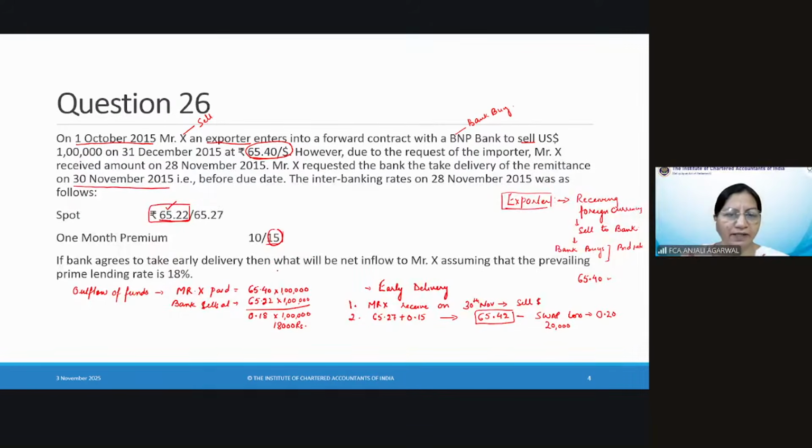On this, bank can charge interest. What rate? At the prevailing PLR, the prime lending rate, 18%. So you'll also calculate the interest on 18,000 at 18%. For how many days? From 30th November to 31st December, which makes it 31 days.